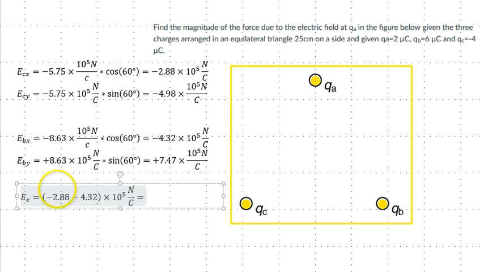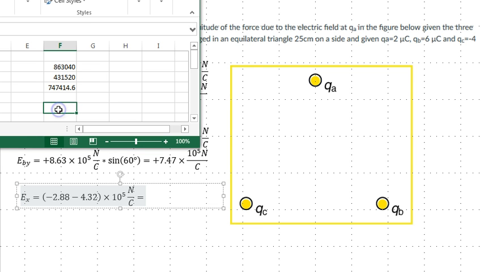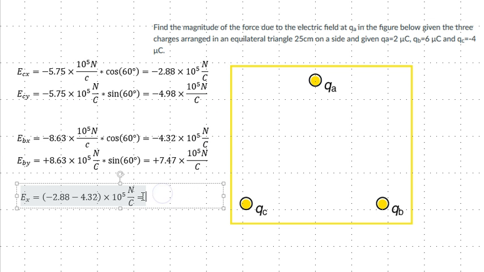All right, so what's that going to be? Minus 7.2 times 10 to the fifth newtons per coulomb. All right, that's EX.